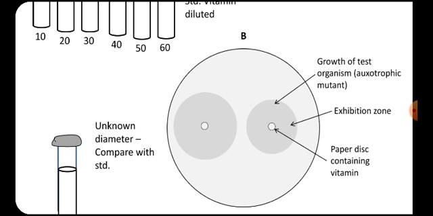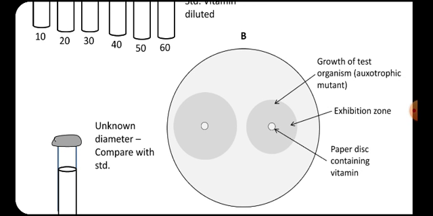is the presence of a zone of exhibition. Wherever the vitamin is diffused, there only you will find the growth of this auxotrophic mutant. The rest of the plate will not show any growth of this particular mutant.